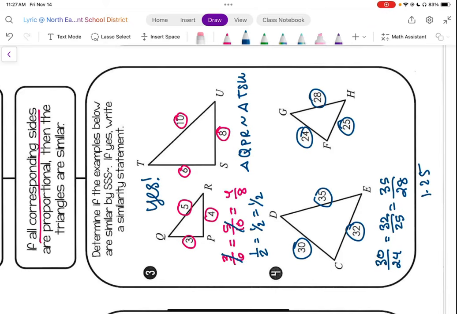You can always do decimals and just see if the decimals match. You don't have to simplify them always. Let me double check. 32/25, yeah, that's 1.28. And then this other one was 1.25. So this is the one that's getting us to be not similar triangles here. So here we're going to say nope and move on.